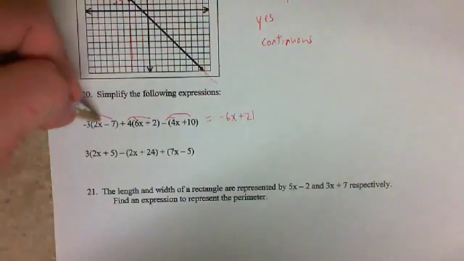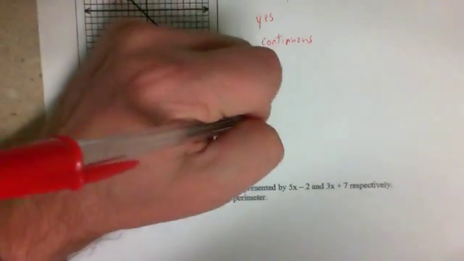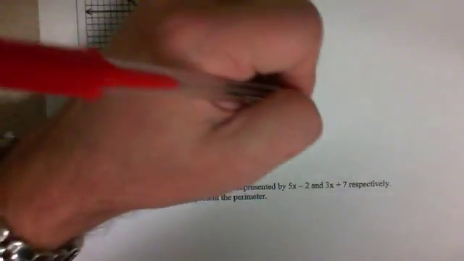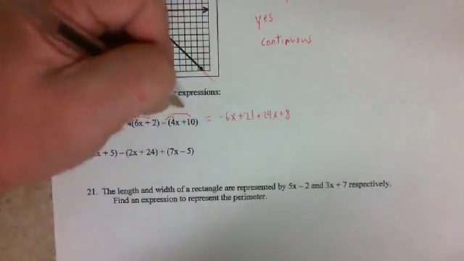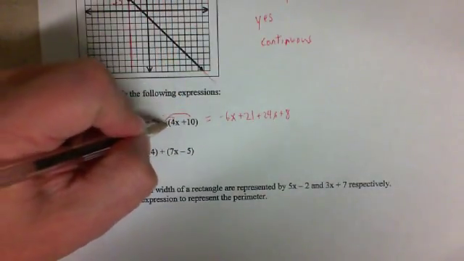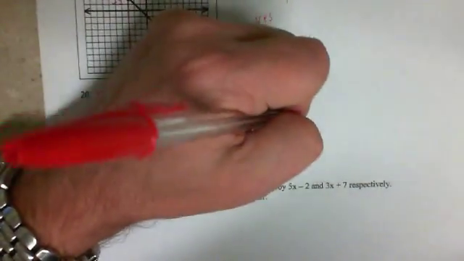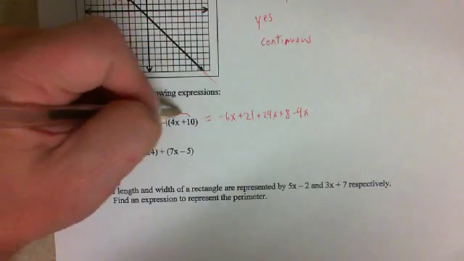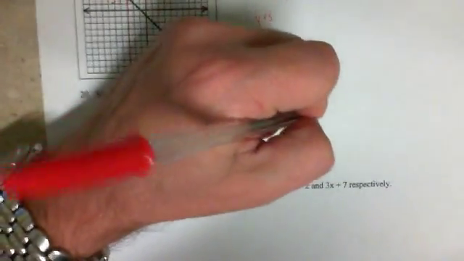Don't forget, the -3 gets distributed to both parts. Now do the 4. 4 times 6x. 4 times 2. Negative times 4x. Now if it helps, put that 1 there. Remember, if there's no number there, put a 1 there. So that's -1 times 4x, -4x. And -1 times 10. Don't forget, the negative gets distributed to both numbers, not just the first one. So both numbers, so that's now -10.